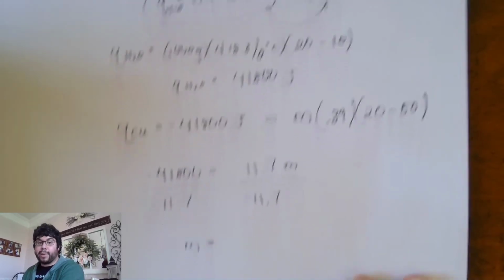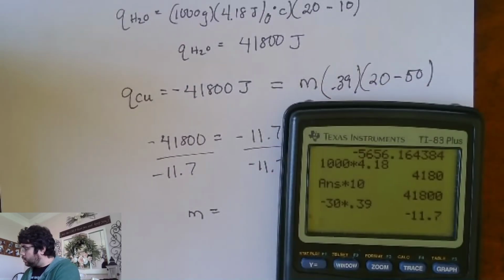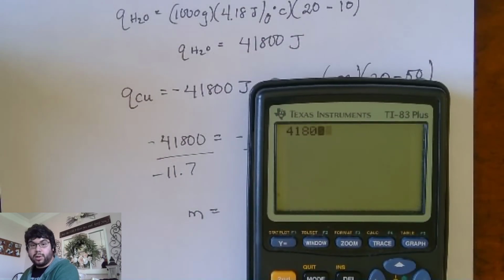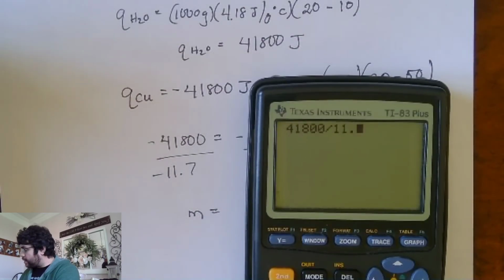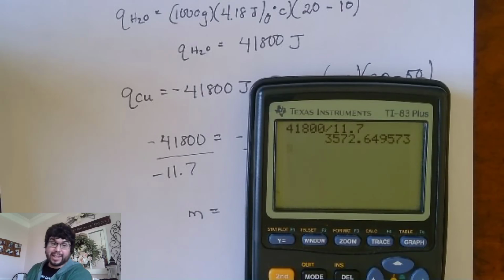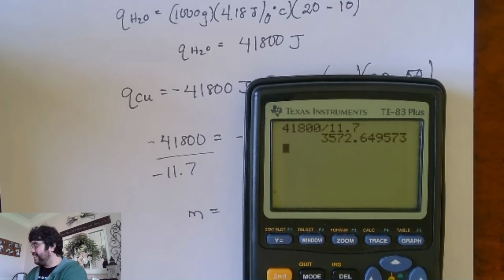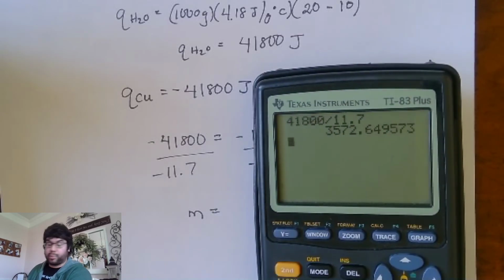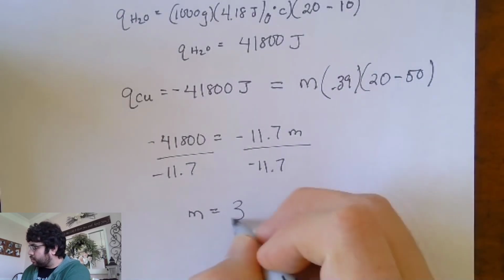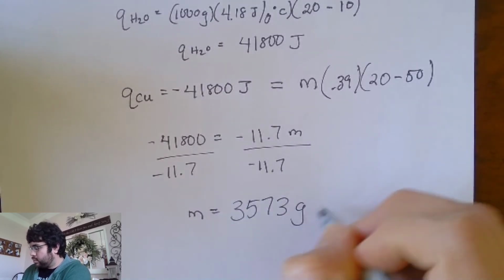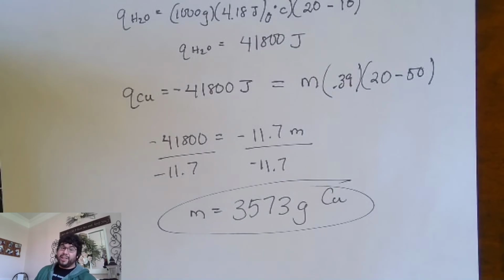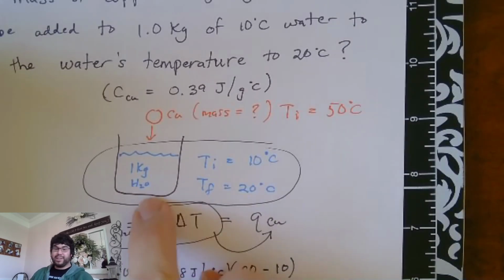Okay, so the mass of my copper, I'll just get rid of the negatives there, so 41,800 divided by 11.7. That's a huge number. That's a really, really big piece of copper. So 3572. We'll do 3573. There's our answer.